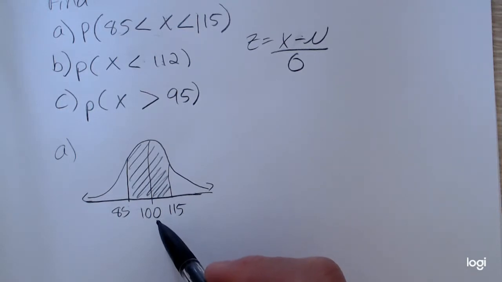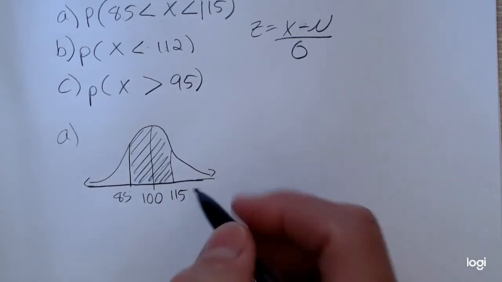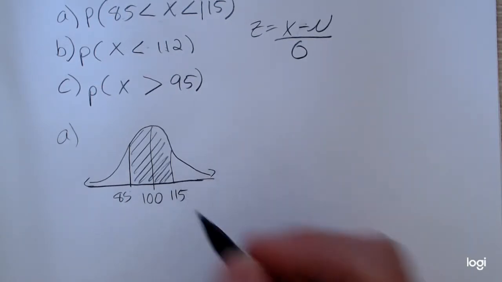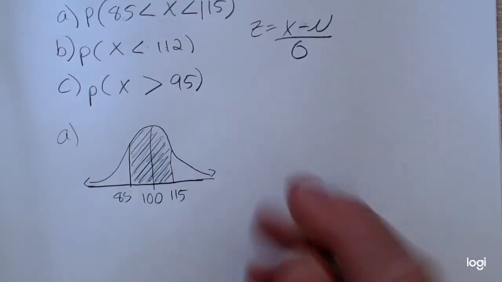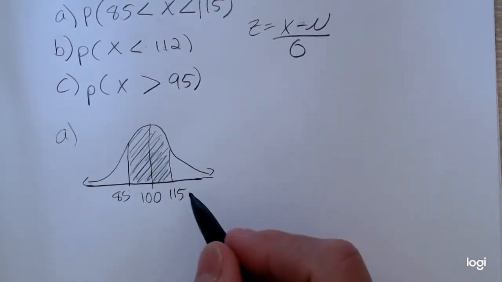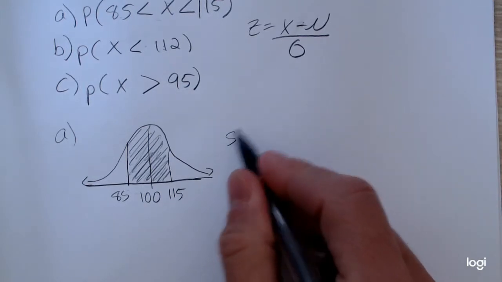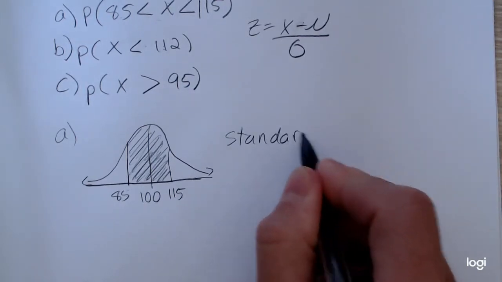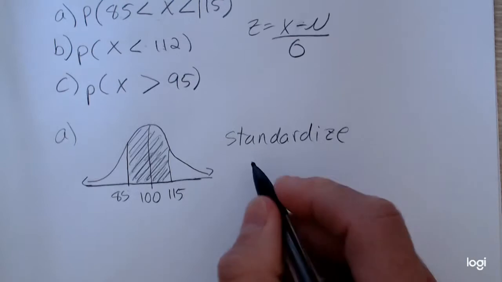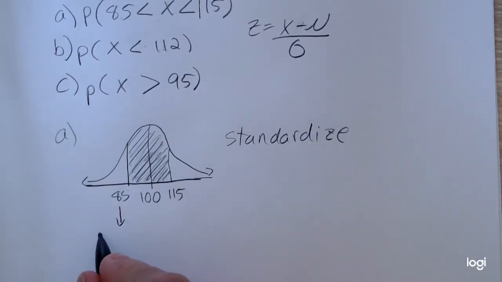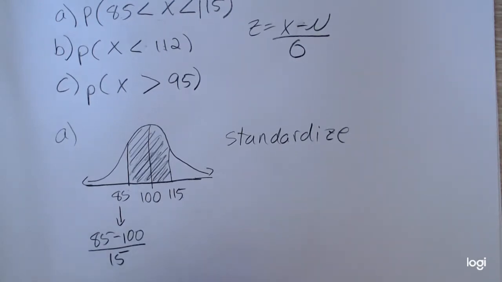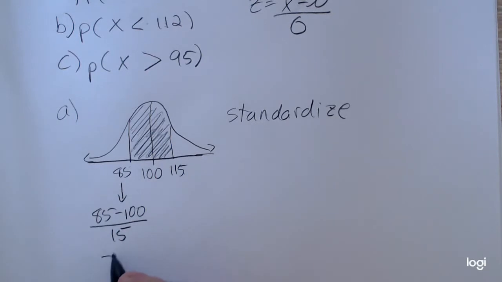Now let's be a little bit more specific and use the normal cumulative distribution function in the calculator to actually find this area. Again, if you wanted to standardize and use your z-table, you can. For this lower bound, you'd take your x value minus the mean, divided by the standard deviation, so you'd get -1.